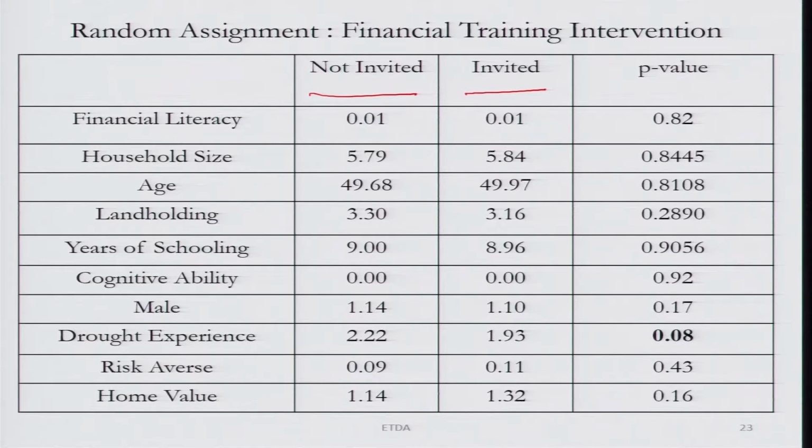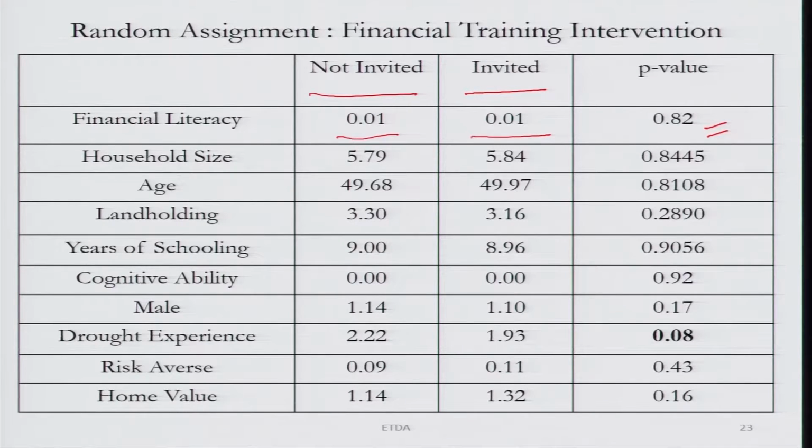What we see is that the average financial literacy between the treatment and the control group is very similar, in fact identical in this table, and there is no significant difference, as reflected in the p value. Even at the 10% level of significance, there is no significant difference between the treatment and the control group in terms of initial financial literacy of these people.